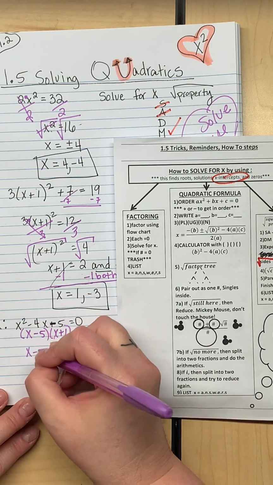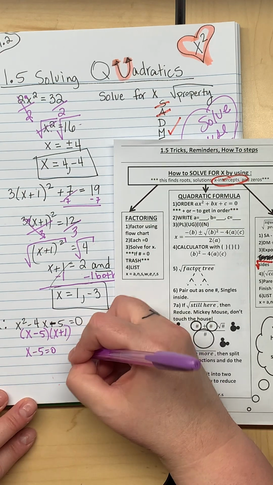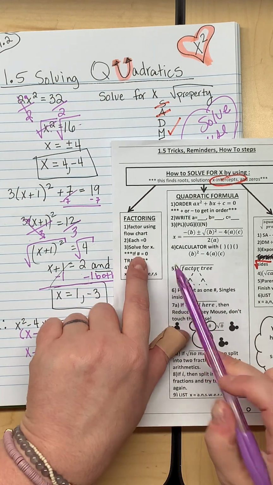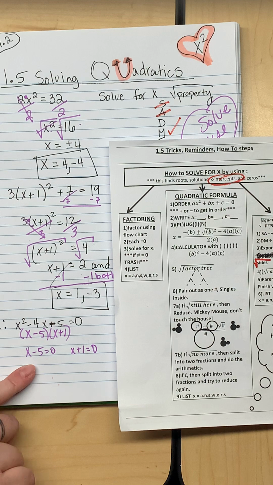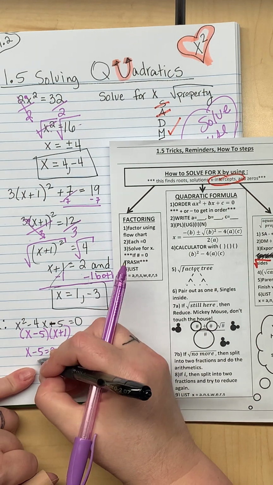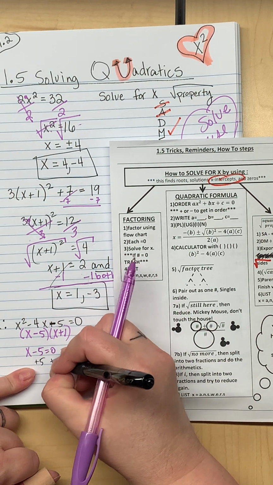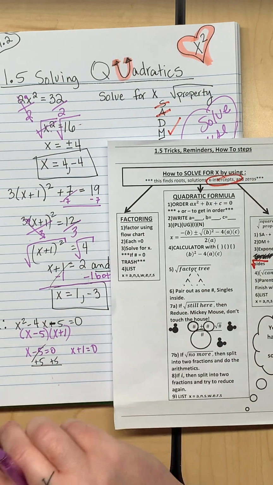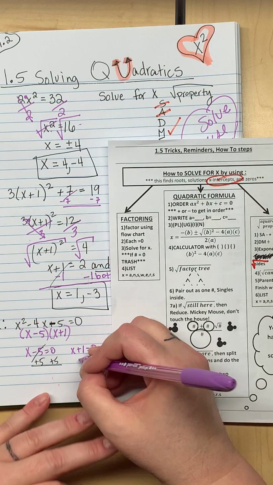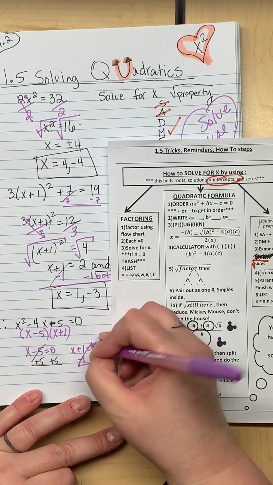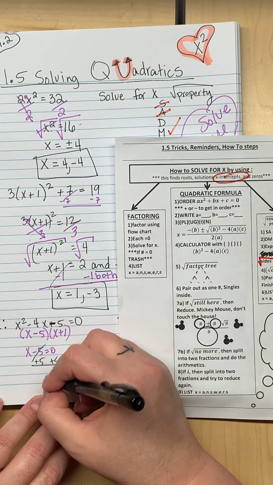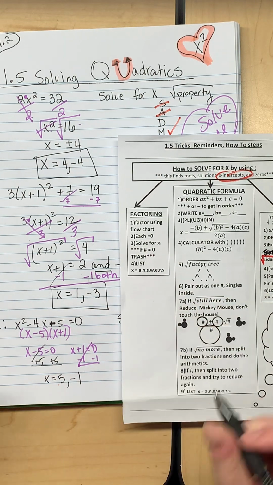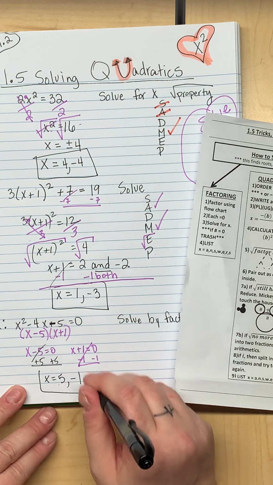So I'm going to say x -5 equals 0 and x + 1 equals 0. Third step says solve for x. So we're going to get x by itself. The opposite of this -5 is +5. The opposite of this +1 is -1. So we get x equals +5 and -1. Woohoo! Done with that problem.